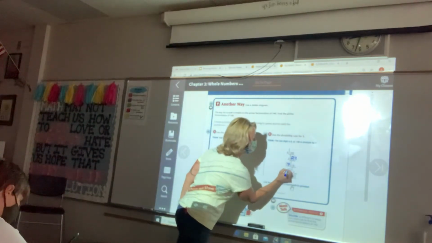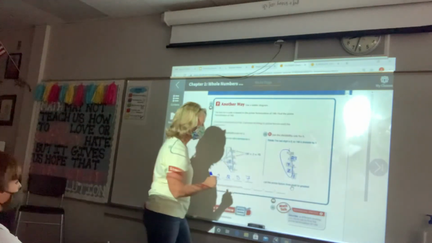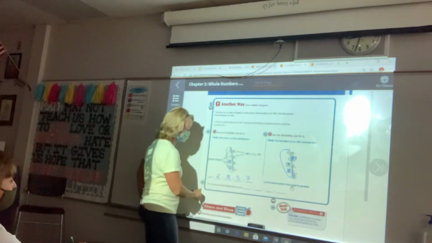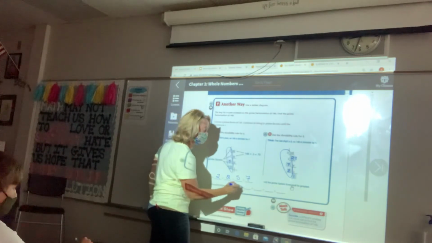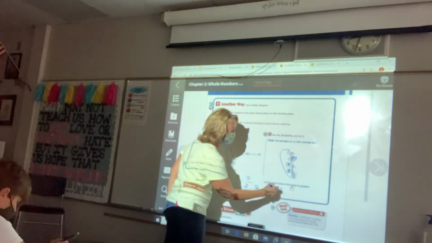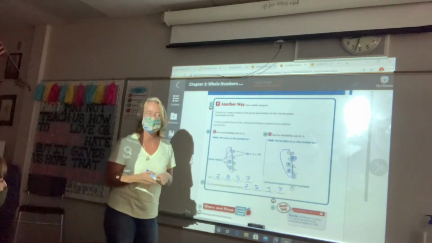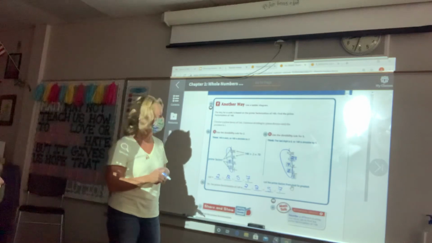And then 2 divided by 2 is 1. Here are our prime factors again. Do they match up? Yes. So the prime factorization of 140 is 2 times 2 times 5 times 7. Okay? 2 different ways, just like we did with the factor tree.